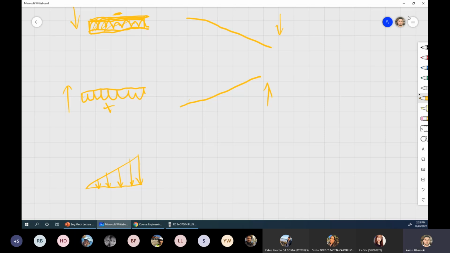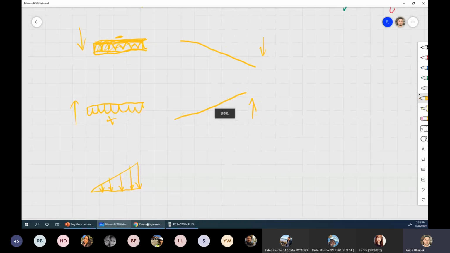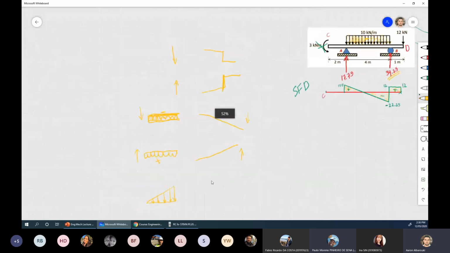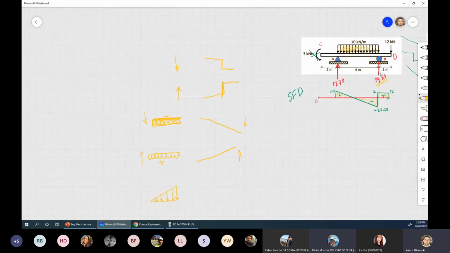Regardless of direction, what would be the shape of the shear force diagram? If you integrate this one, you have a second degree polynomial. So it'll be x squared. Perfect. It will be a curve, a parabola curve.